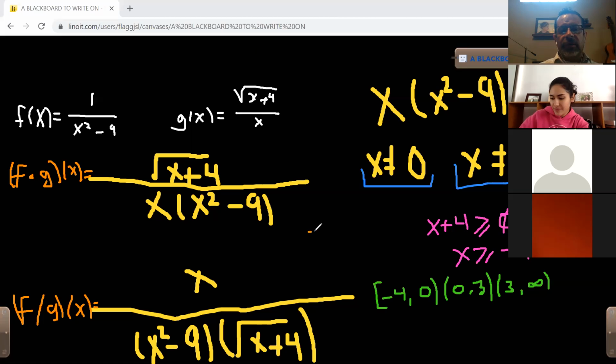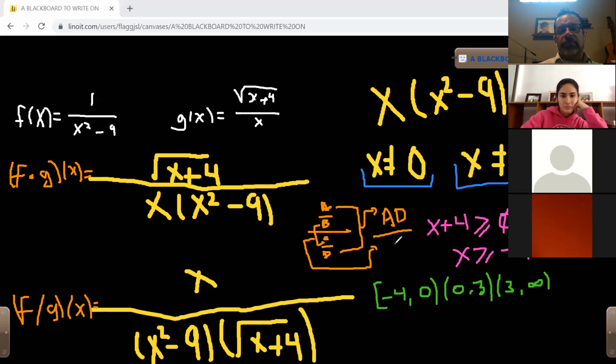If I have A divided by B divided by C divided by D, the tortilla rule says that these two multiply and generate the numerator, so it's going to be A times D, and these two multiply and create the denominator, which would be B times C. Okay, and that's what Andrea is doing here.